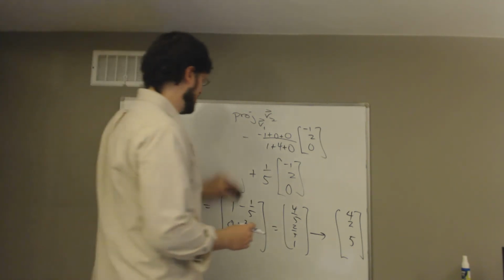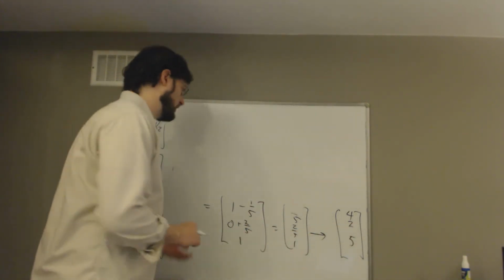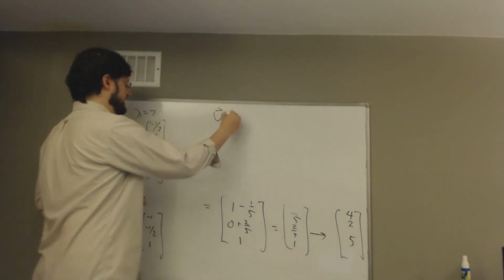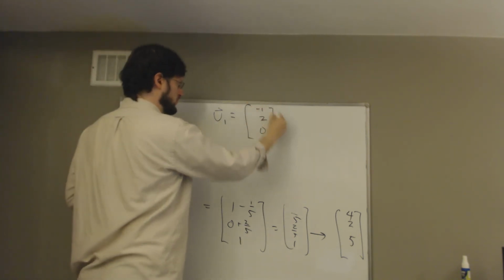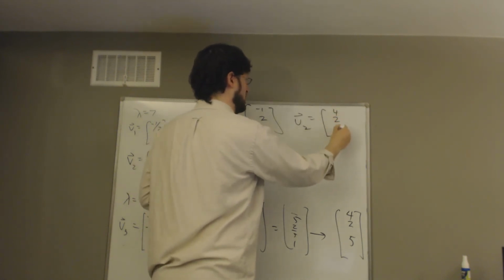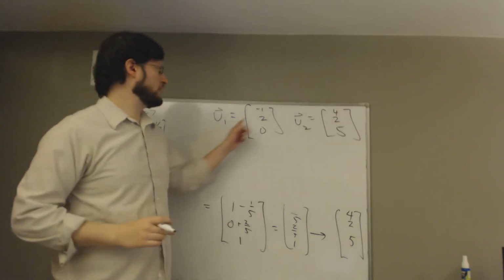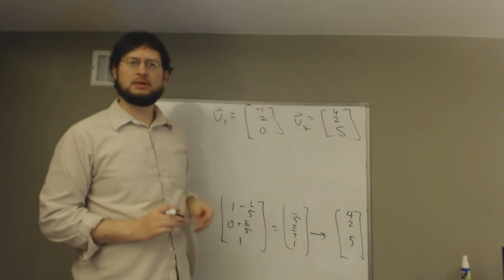Let's just summarize what we've got. Our u1 was the scaled v1, which was -1, 2, 0. And our u2 is 4, 2, 5. Notice that u1 dot u2 is in fact 0, because I get -4 plus 0 plus 0.